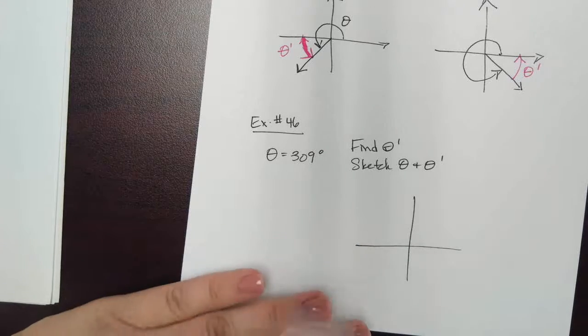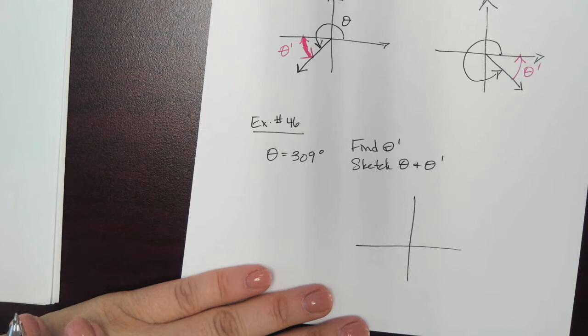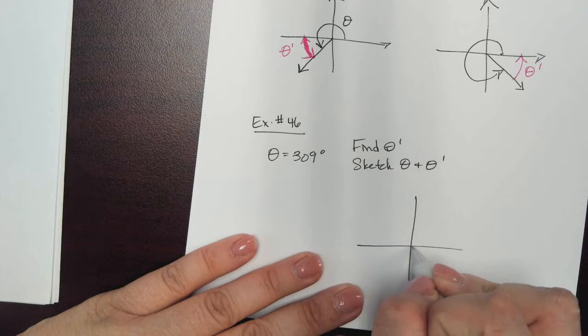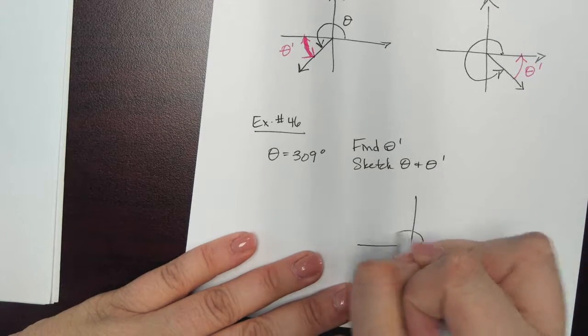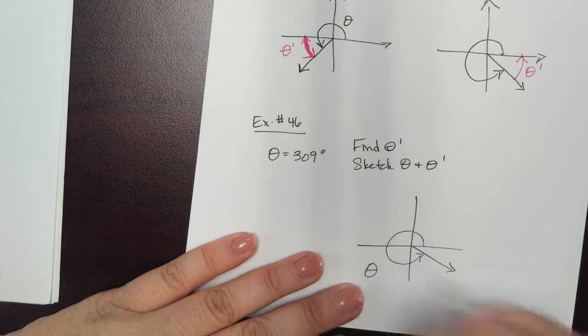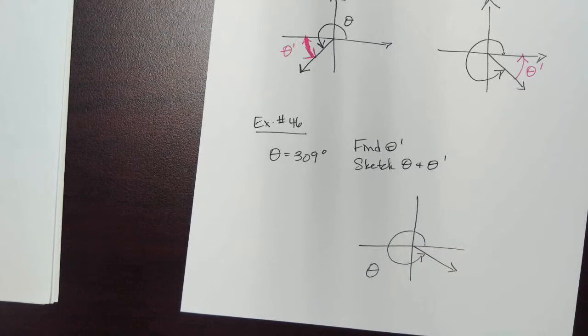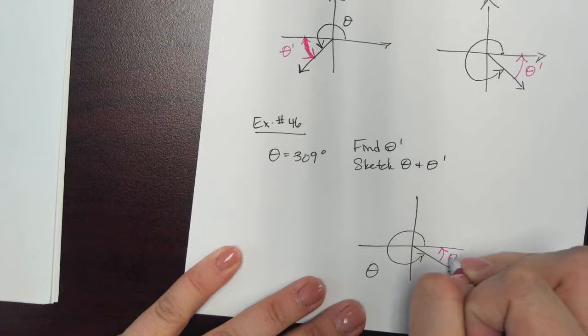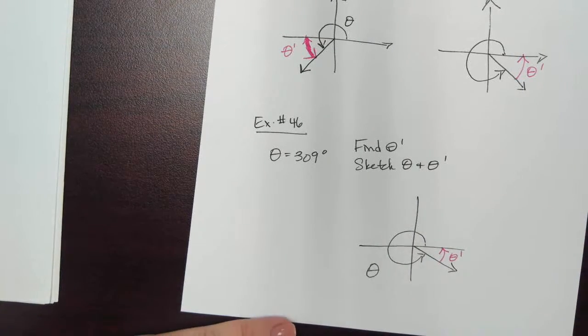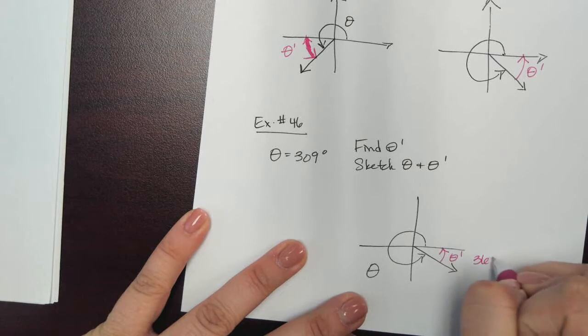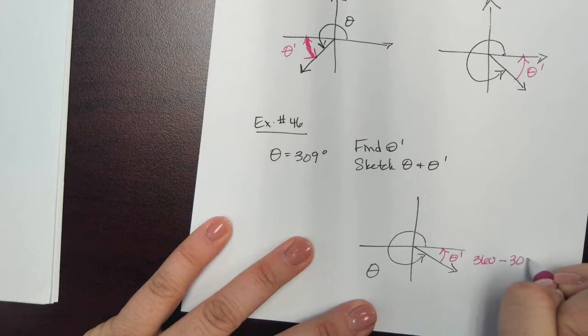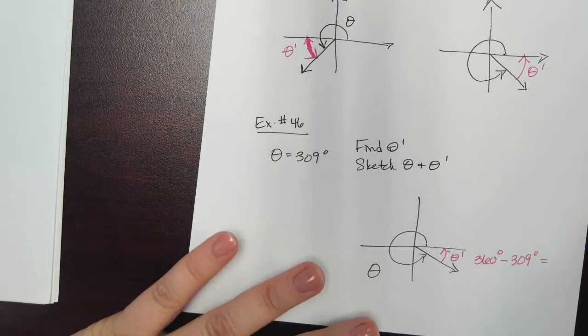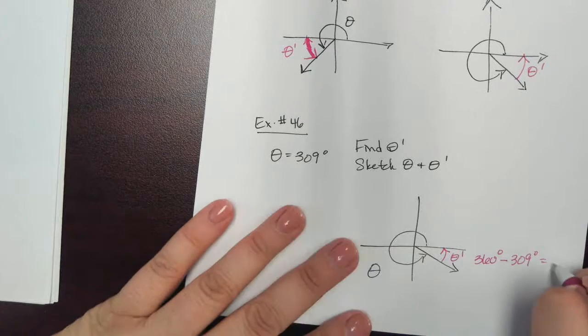If I sketch 309 degrees, what quadrant am I in? Fourth, right? So theta prime is going to be here. How can I find theta prime? 360 minus 309, and that equals 51 degrees.